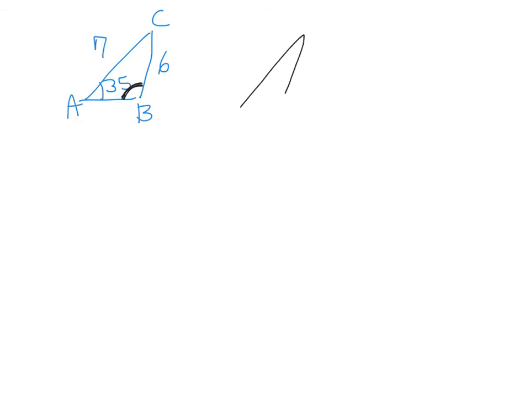So we're going to start that one again. We know that angle A is equal to 35, side A is equal to 6, and side B is equal to 7. In this case, this angle here is going to be the supplement of the other B, because you can picture it. This was the original triangle.